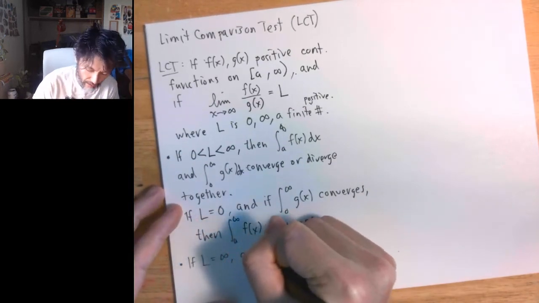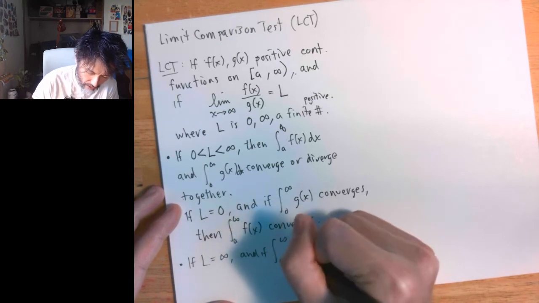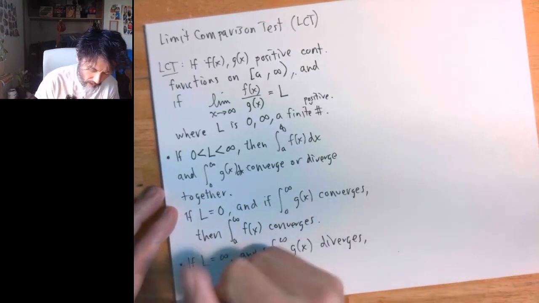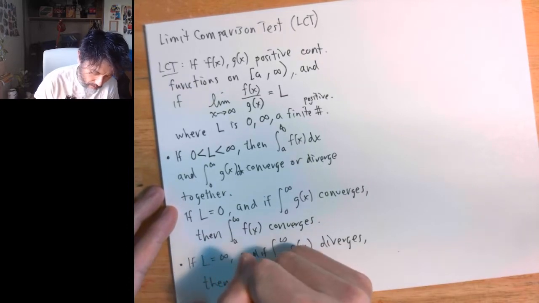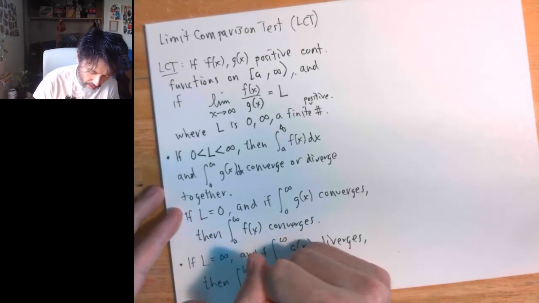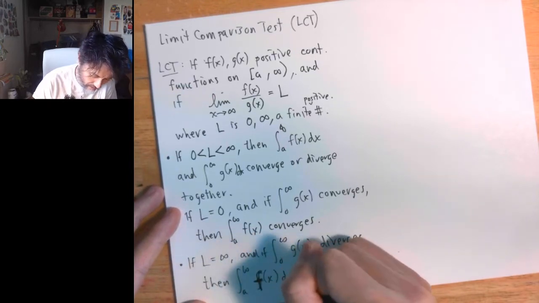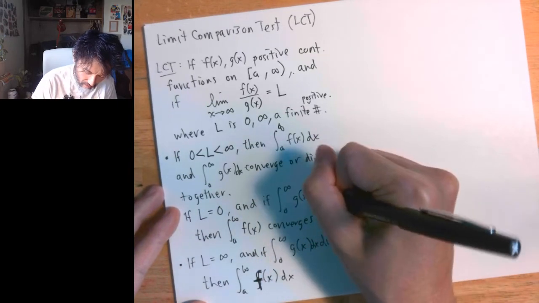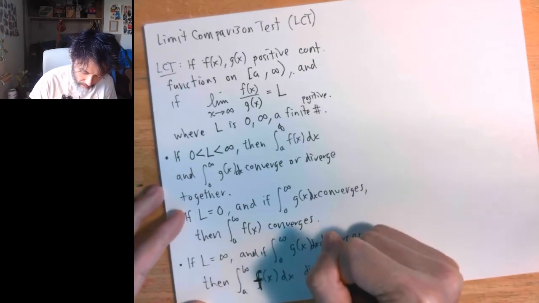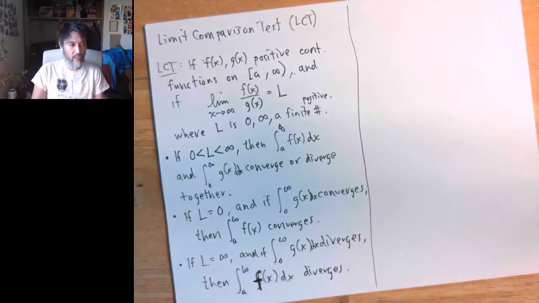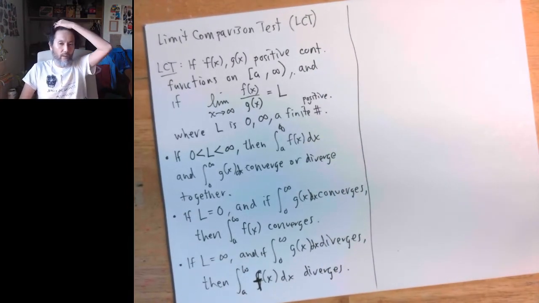And if the integral from a to infinity of g of x dx diverges, then the integral from a to infinity of f of x dx diverges. Okay? That's the full statement right there of the limit comparison test.